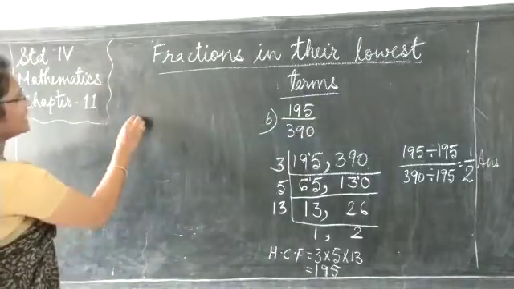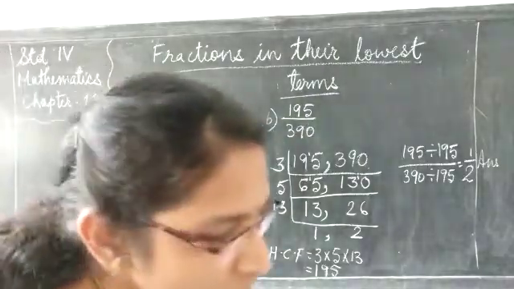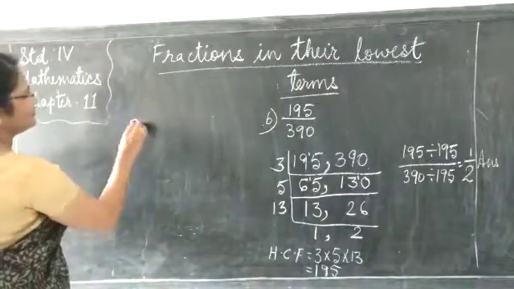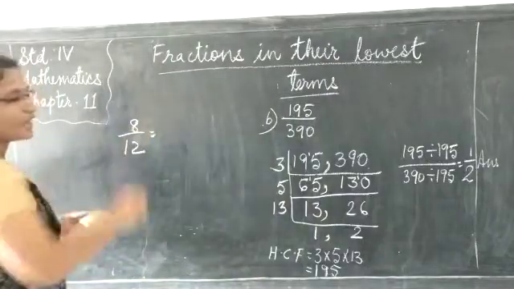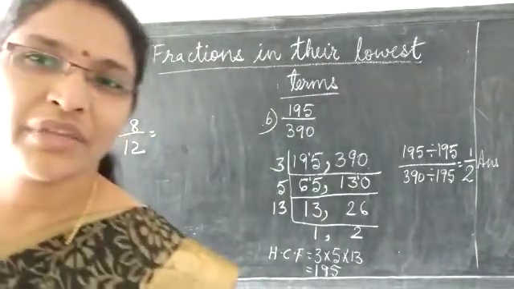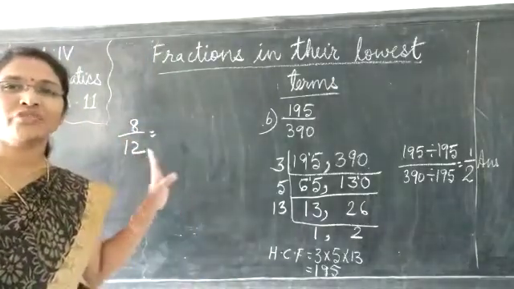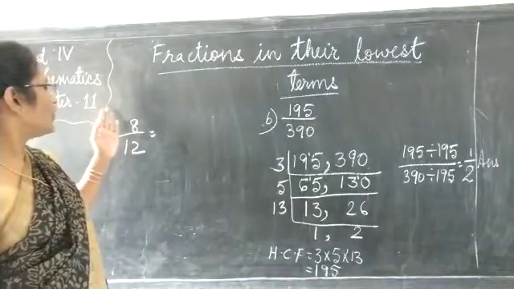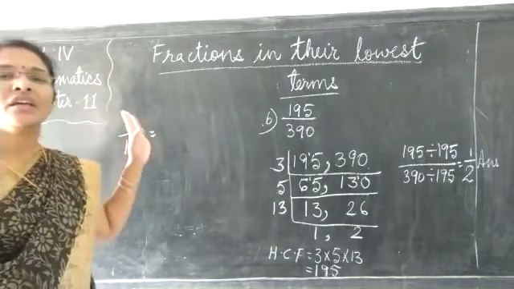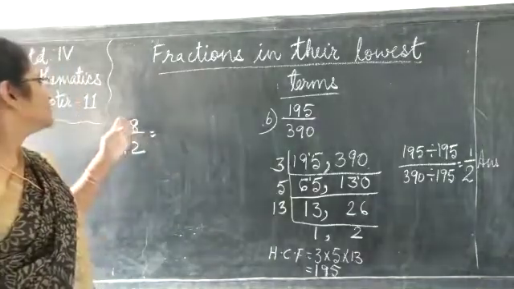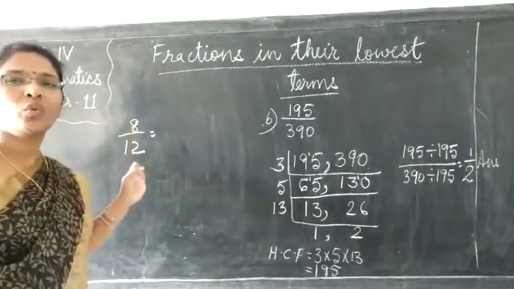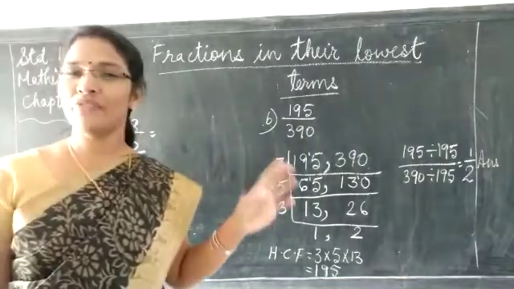Here that is 8 by 12. Now, what is that method? We are going to reduce them with the method of cutting process. We have to cut both the numbers using their common factors.